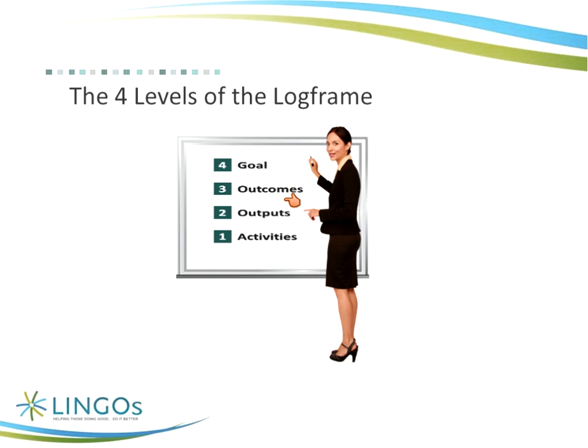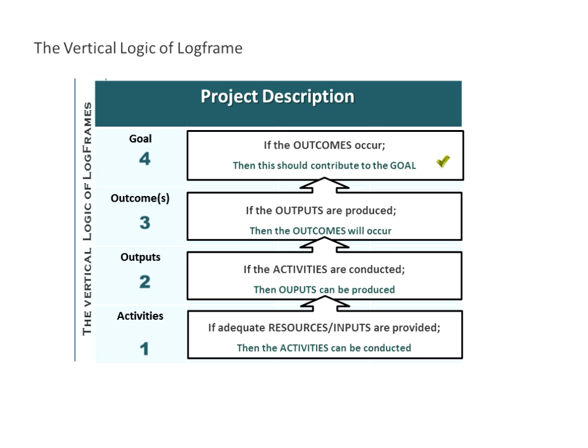And as someone said in the opening, the most confusing are probably the outputs and the outcomes. We tend to be much clearer on goal being the highest level of change and activities being those things that we do. Outputs then are the tangible changes. The outcomes then are the intermediate level changes, as I was showing you on the Rosetta Stone slide.